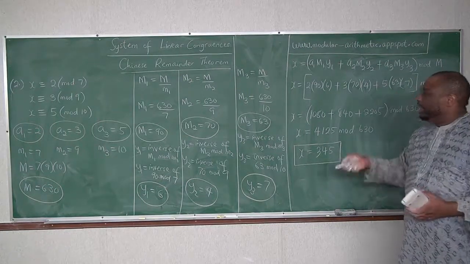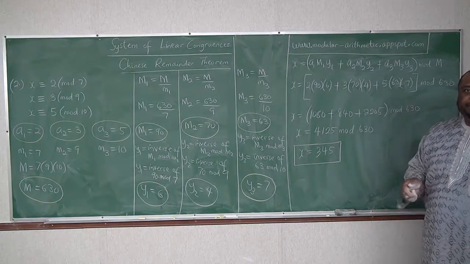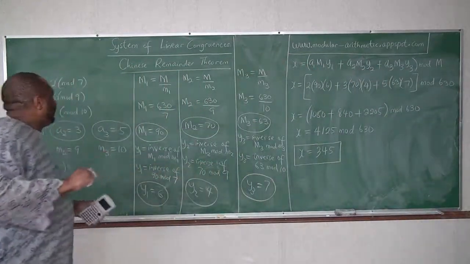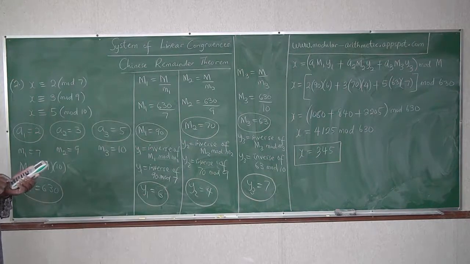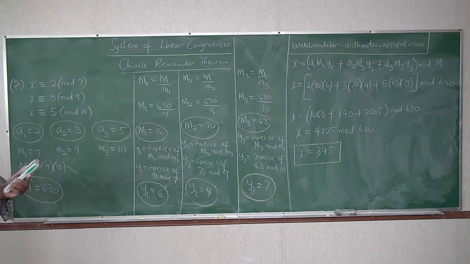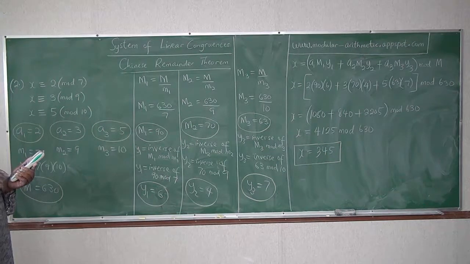Can we check it? Let's check it. 345 divided by 7 is 49 point something. So 49 times 7, subtract from 345, gives you 2.